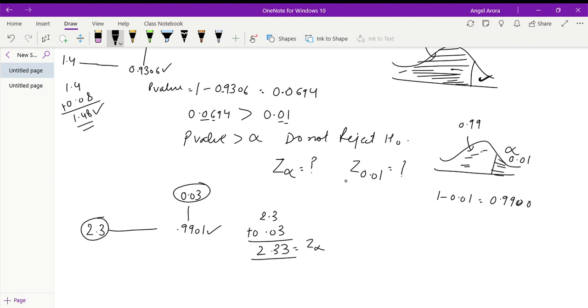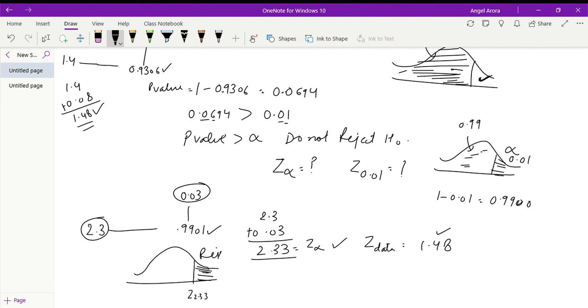Let's compare this value with the z data, which is 1.48. So 2.33 comes here, and this is the rejection area. Now we just have to see whether our z falls in the rejection area or not.